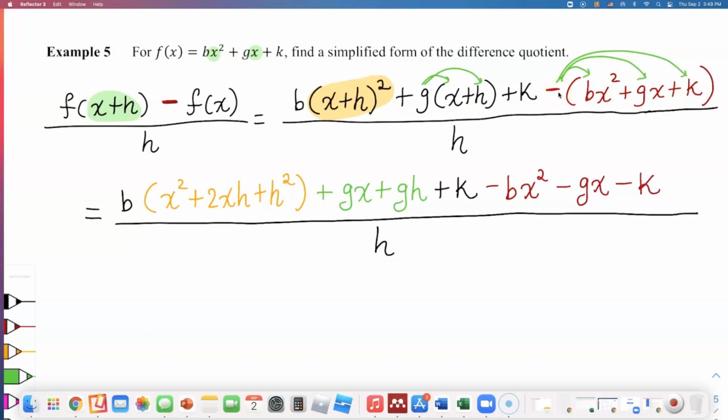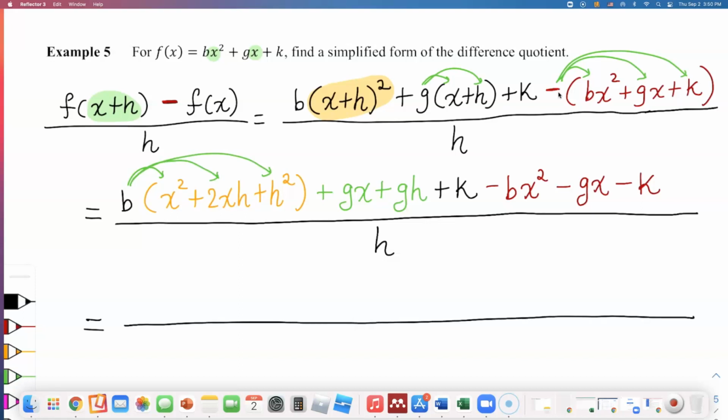All right, one more time I need to distribute. I need to distribute the b into this orange trinomial inside. Long fraction bar. I will get bx squared plus 2bxh plus bh squared. And I'm going to bring down the rest of it.